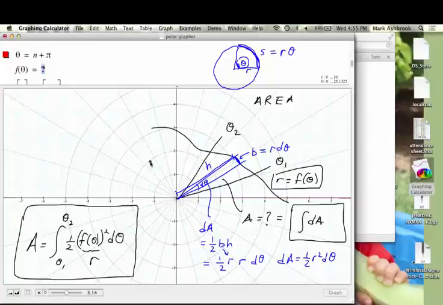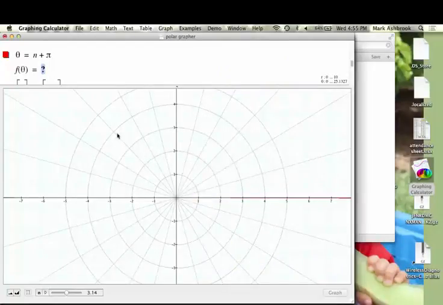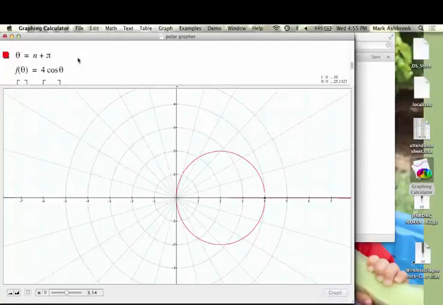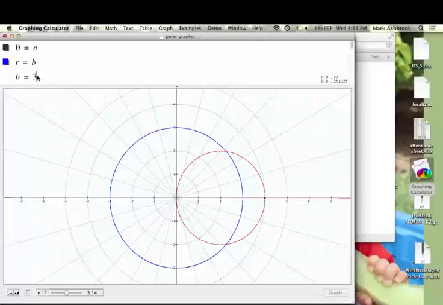Okay, so let's go back to that last example that we had. What did we have? r equals 4 cosine theta, and r equals 3. So with that formula, we could find things like, what's the area of this moon right here?